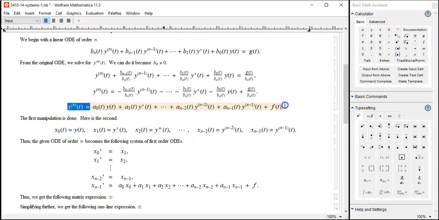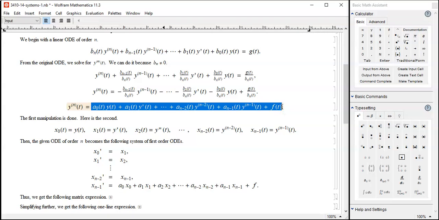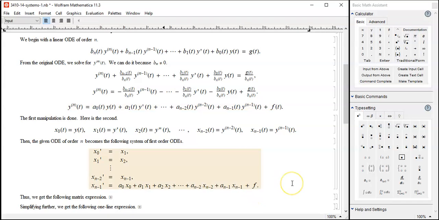So we have to write this one in terms of x0, x1, x2, and so on. So y is equal to x0, y prime is x1, and so on. So we have this. So the conclusion? Through this substitution, we ended up with a system of n first-order linear ODEs like this.